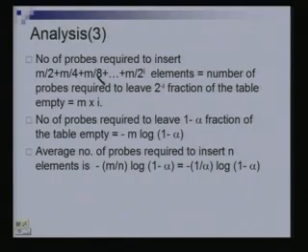So it's really this last number here. After I inserted this much, how much was empty? 1 by 8. So after I inserted all of this, 1 by 2 to the I, which is 2 to the minus I fraction, was empty. Okay. So after I have inserted all of these, I have only 1 by 2 to the I fraction of the table empty, and the total number of probes required to insert these elements is m times I.